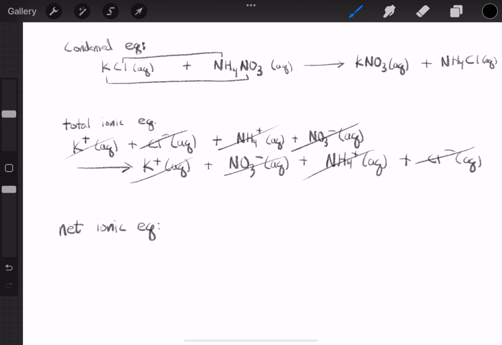So this is where we get a situation of no reaction. All spectator ions. Every ion is soluble, so they like to hang out with water, so no reaction will occur between any of the ions in solution. So this is no reaction. We can also have situations like these, no reaction.